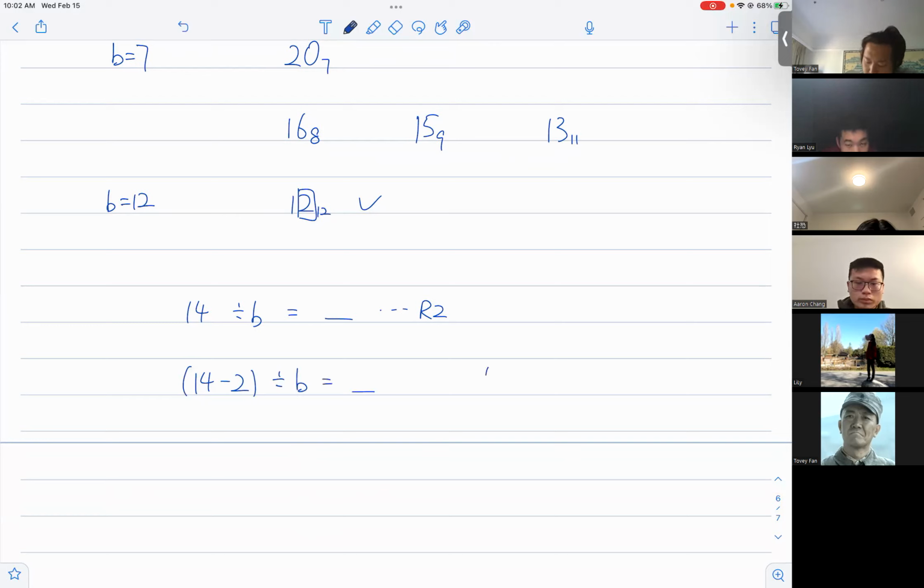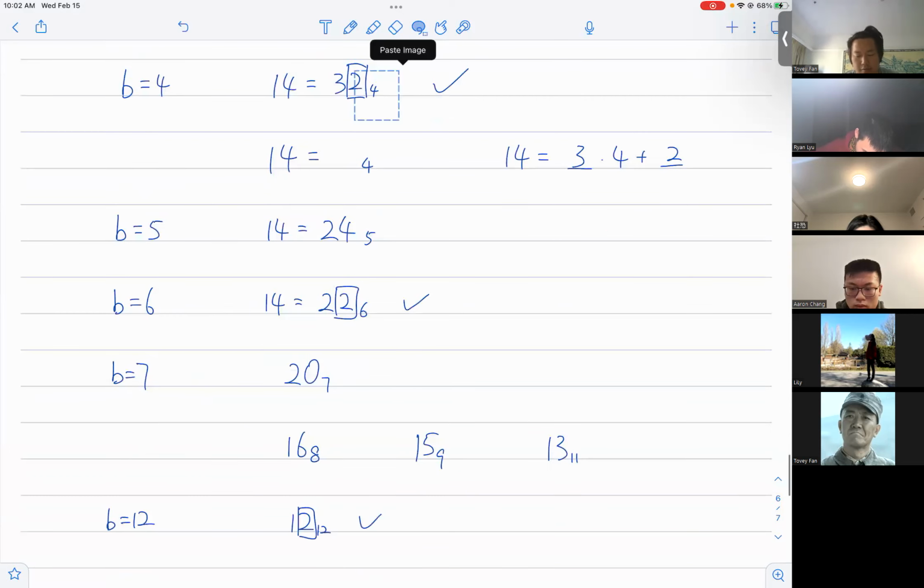So that means b divides 12. So that means b can be 4, can be 6, can be 12. Because b has to be greater than or equal to 4, right? So the only possible answers for b are 4, 6, and 12. This way, you can avoid this whole process of trial and error.